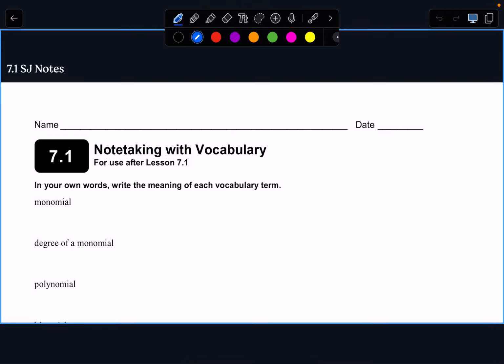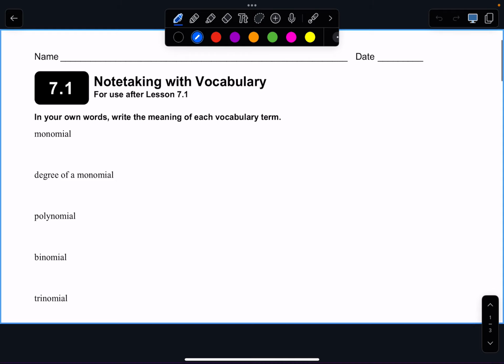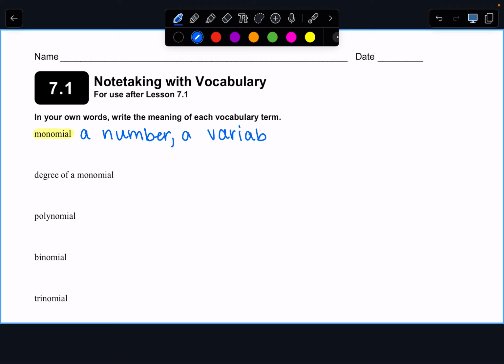Okay, so we spent an entire chapter talking about operations with monomials, right? And what was a monomial? One. Mono means one, okay? So we have a number, a variable, or a product of a number and a variable.